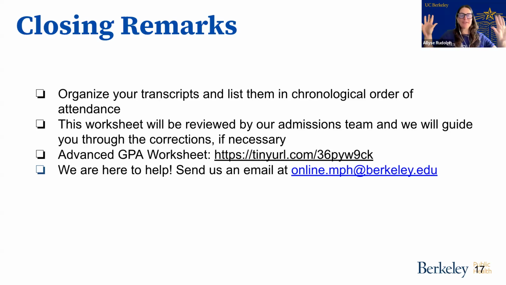If you happen to have a 2-screen setup, I recommend having your transcripts on one side and your GPA worksheet on the other, or you can print it if you prefer to work that way. It's good to have everything in front of you, in chronological order. And then you can just reference your transcript and enter it directly into the advanced GPA worksheet. We've linked that worksheet again if you need it.